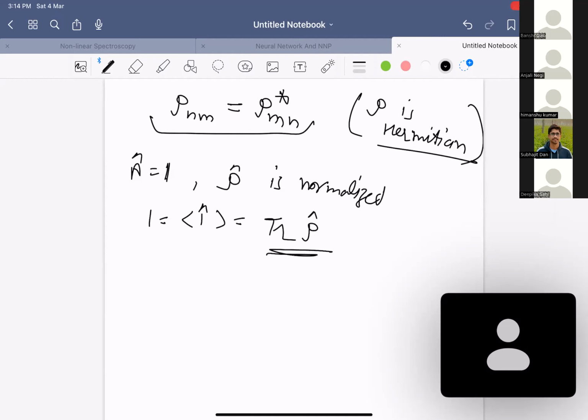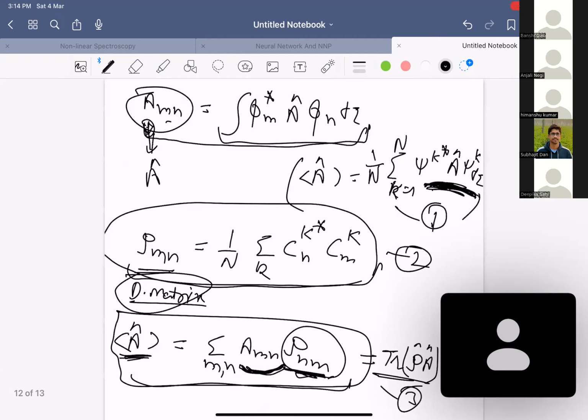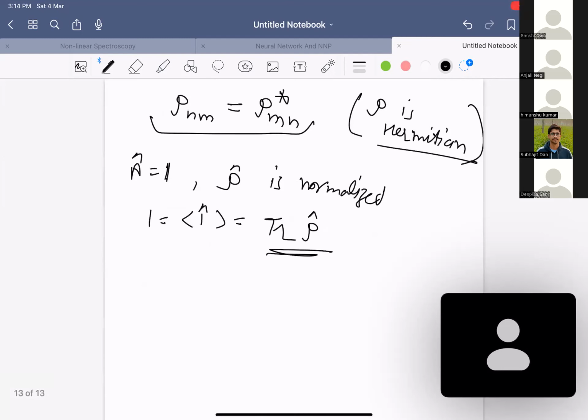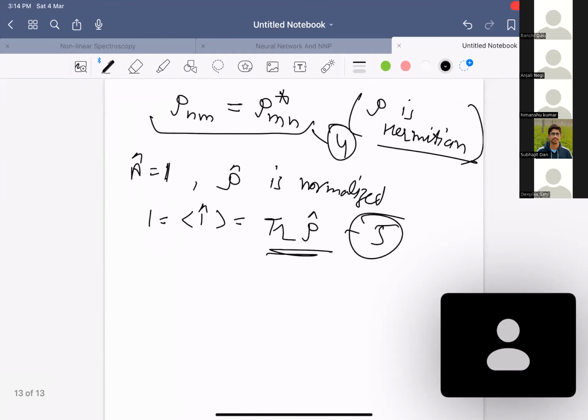Let's call this equation 4 and this equation 5. So our density matrix is Hermitian and it's normalized.